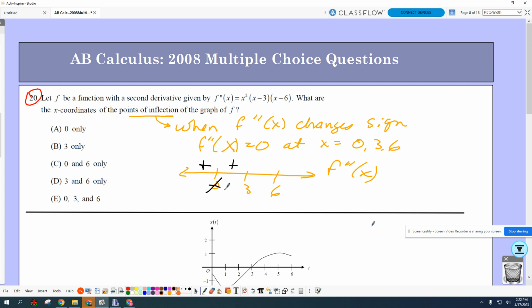So not a critical point, and you were lucky because you just ignored it. Plugging in 5, positive times negative. Plugging in like 100, positive times positive. The sign changed for the double derivative, so it is 3 and 6 only.